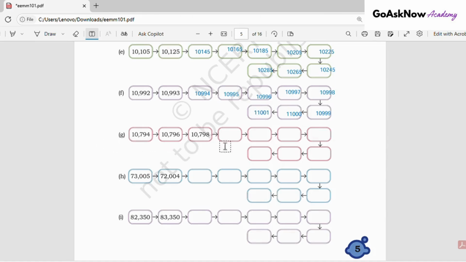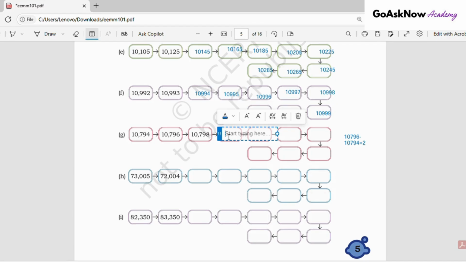Here part G, the difference between the sequence is second term minus first term. That means 10,796 minus 10,794 equal to 2. That means the difference is 2.